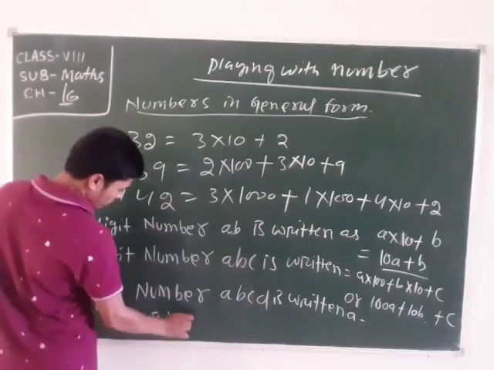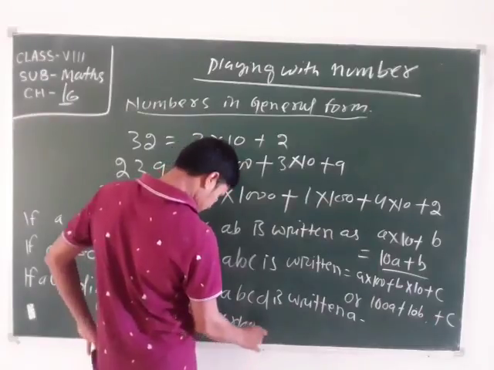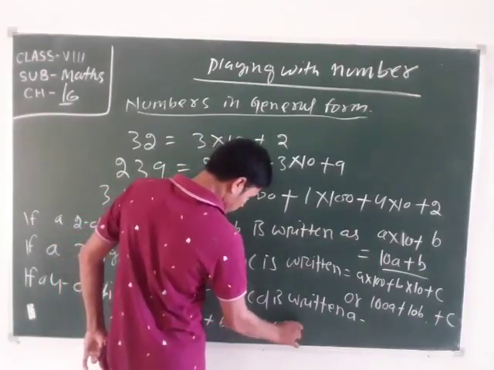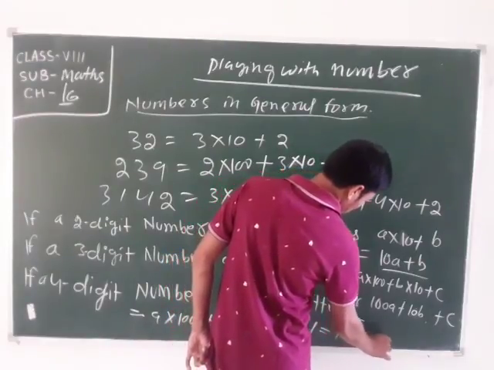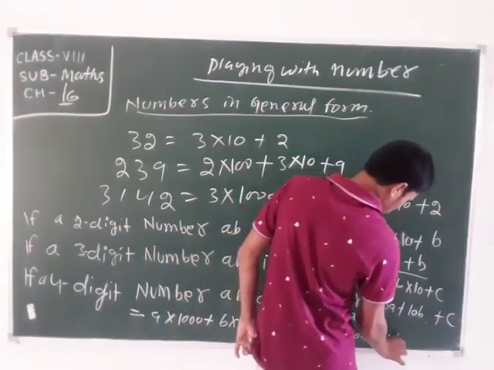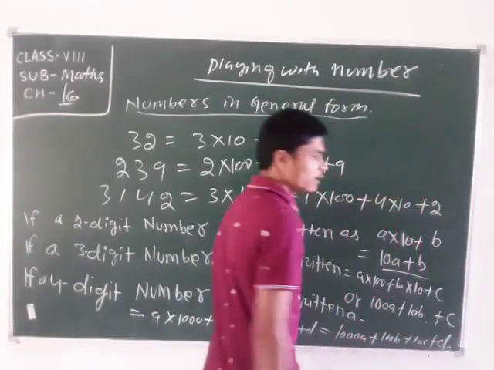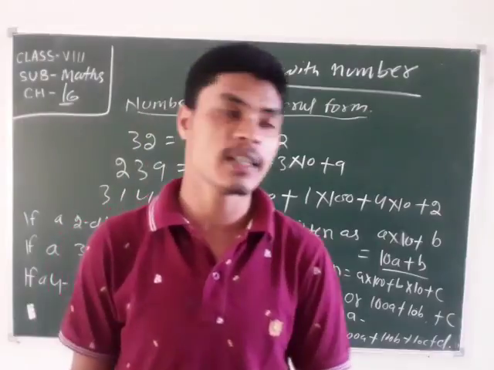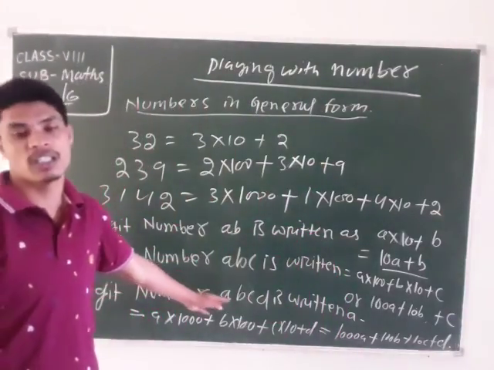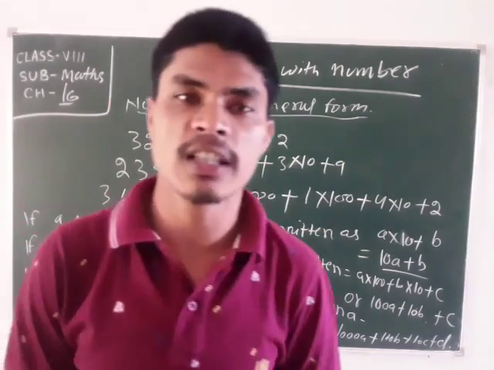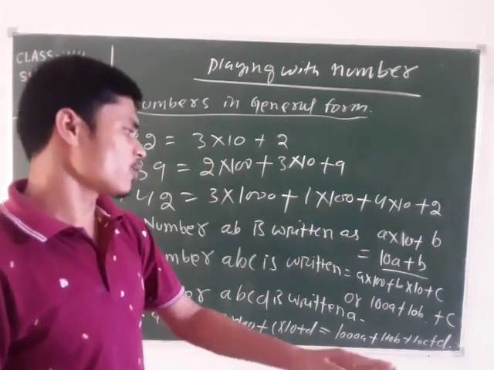A into 1000, plus B into 100, plus C into 10, plus D, equal to 1000A plus 100B plus 10C plus D. We can represent the numbers in the forms A, AB, ABC, ABCD, that is 1-digit, 2-digit, 3-digit and 4-digit numbers. Then we can find the solutions like this.